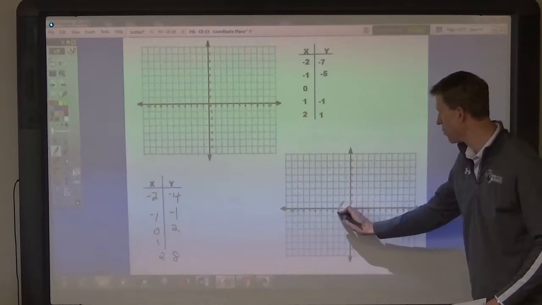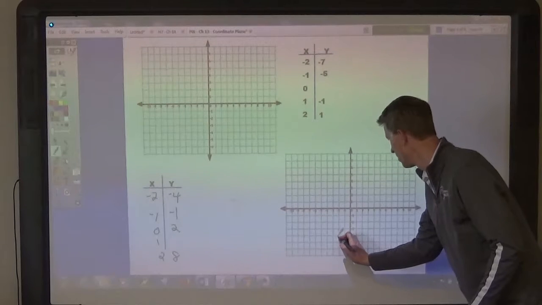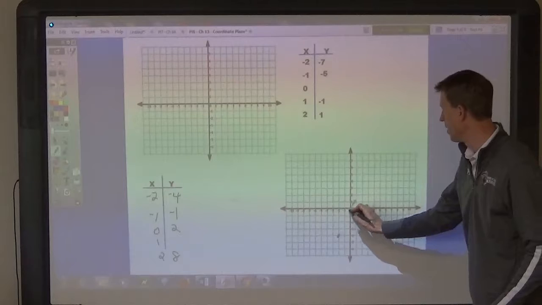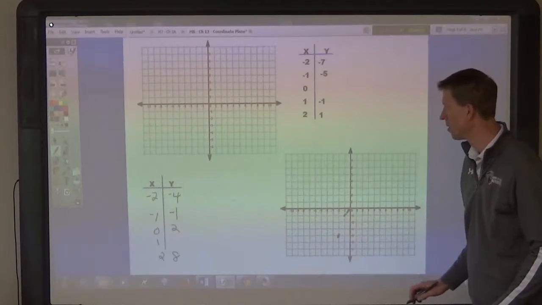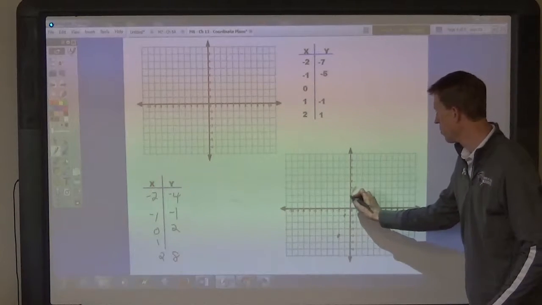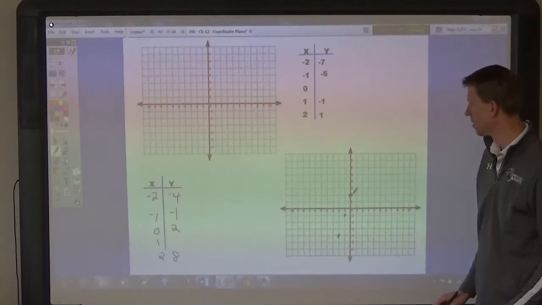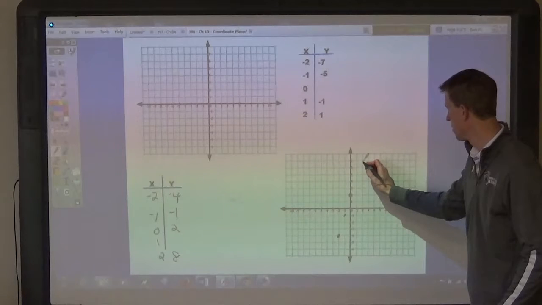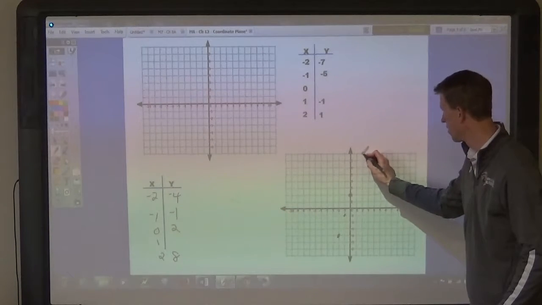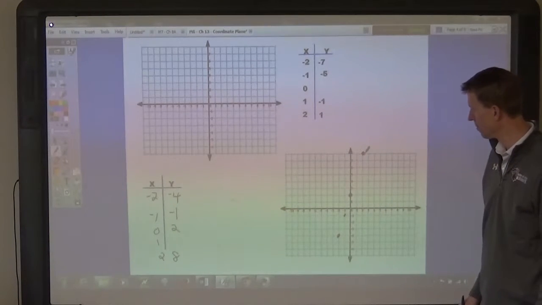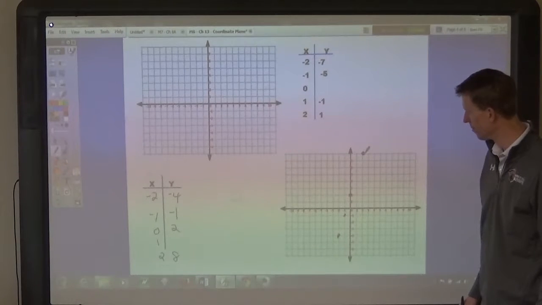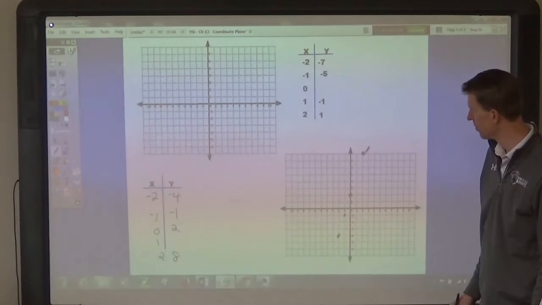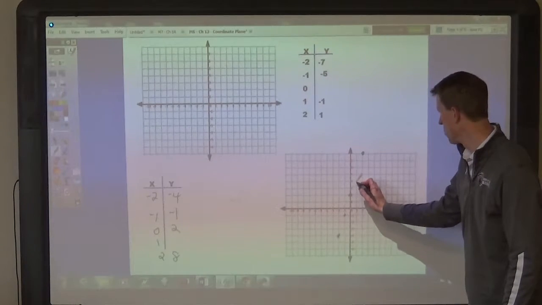So, find -2, -4. -1, -1. 0, 2. And 2, 8. Okay. Where does it cross the 1?